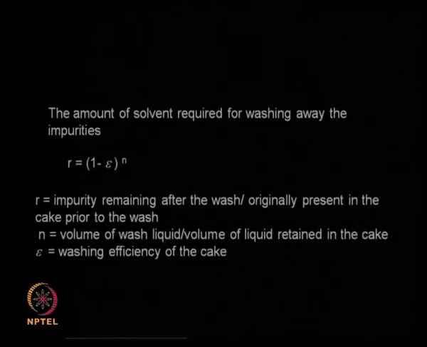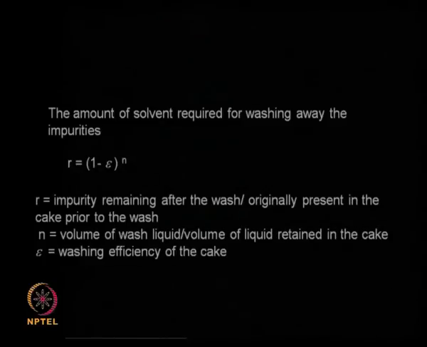So you have an empirical relationship that relates the amount of wash liquid required, the washing efficiency, and the amount of impurity present before and after washing. This is an empirical relationship based on a lot of experience, so we cannot derive this particular relationship from fundamentals.